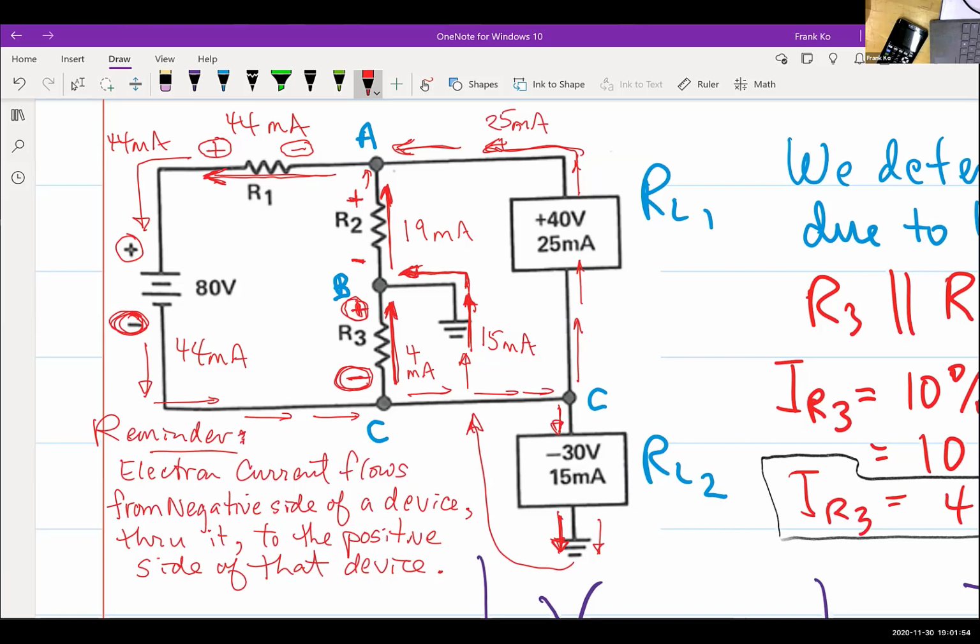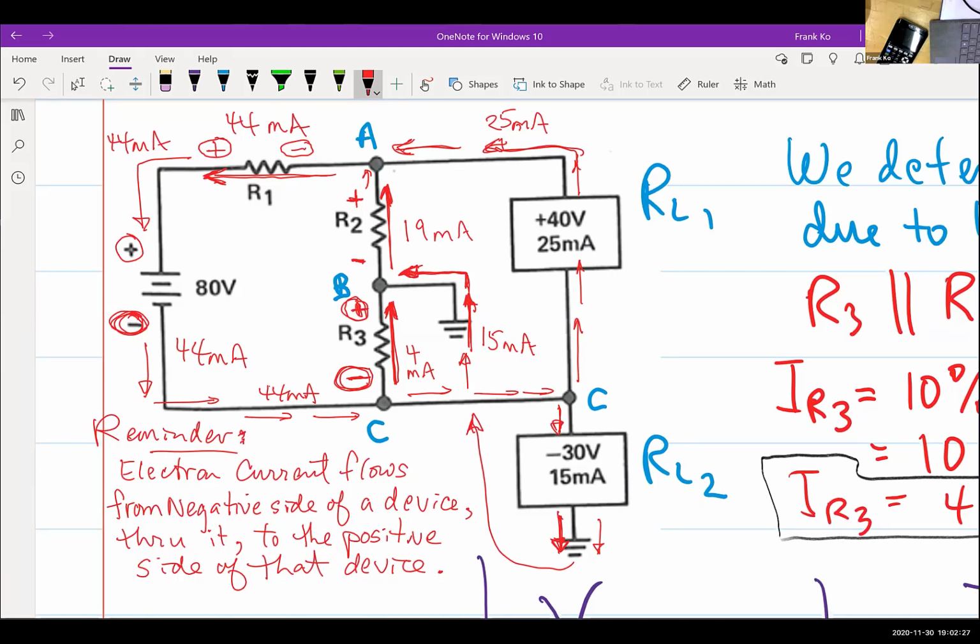So 44 milliamps flows into node C. How much current flows up through R3? 4 milliamps goes this way. What happens to the rest of the current? It goes between this node C and this node C through this wire, yes? How much current is on this wire? 44 milliamps minus 4 gives you 40 milliamps.